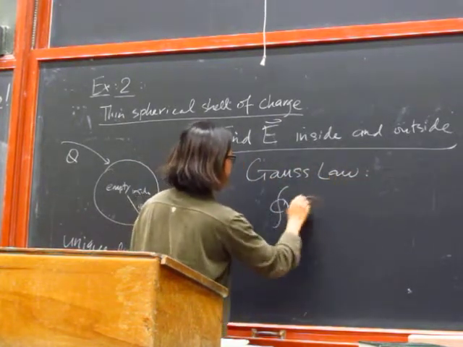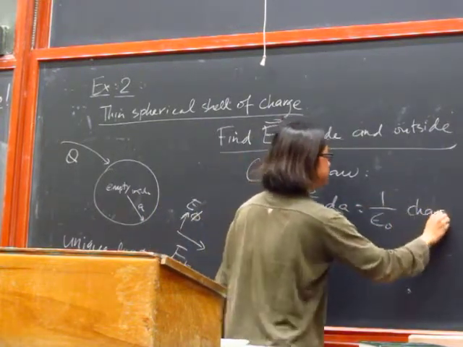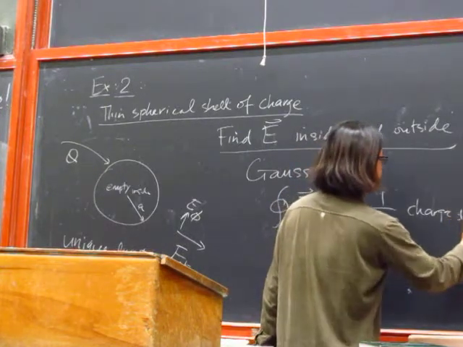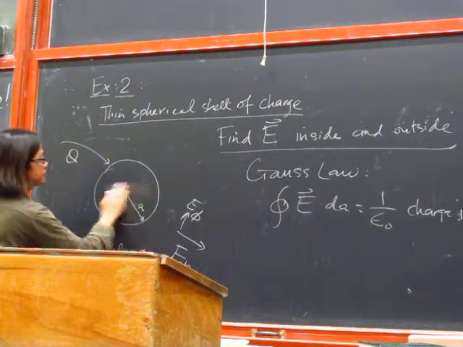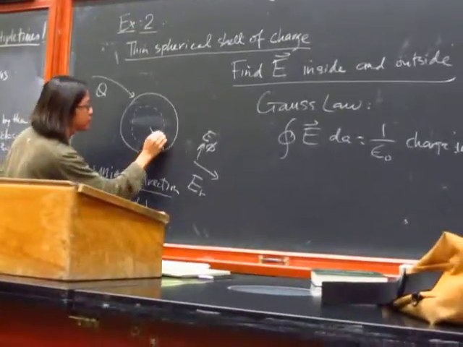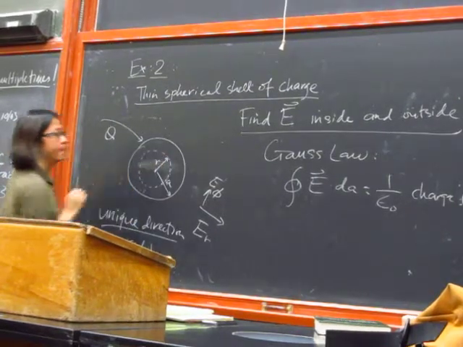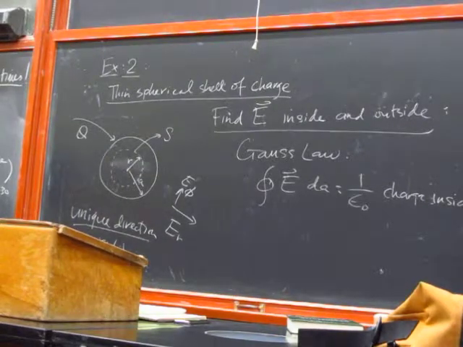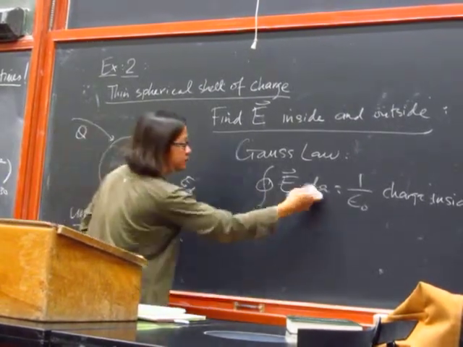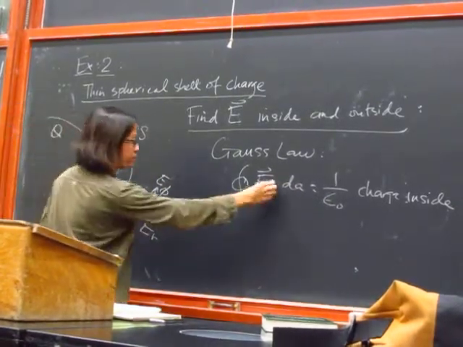charge inside. To find the electric field inside the sphere, I just have to construct a mathematical surface S of radius r. And I look at the surface integral of E dot dA, the flux through that surface.